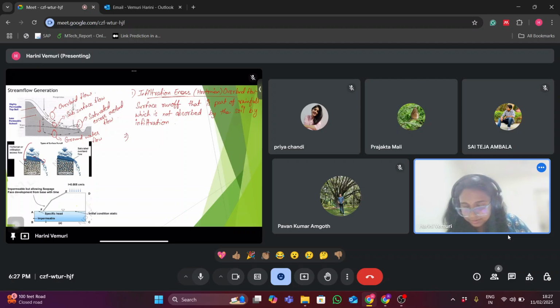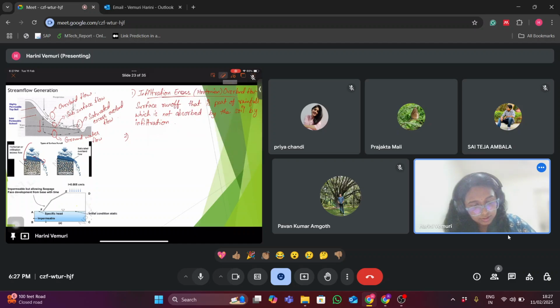Second one is, okay, so in this case, whenever the rainfall intensity is less than infiltration capacity of soil, the excess rainfall is equal to zero. If the rainfall intensity is more than infiltration rate, then excess or effective rainfall is equal to I minus F. Okay.